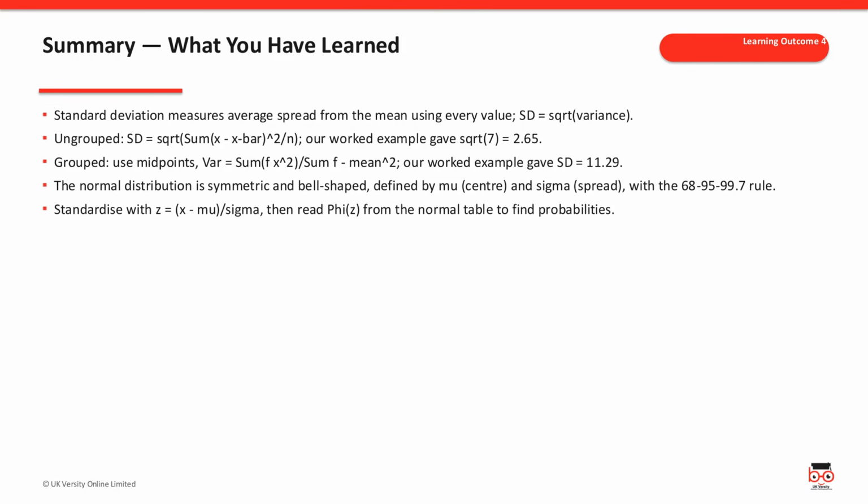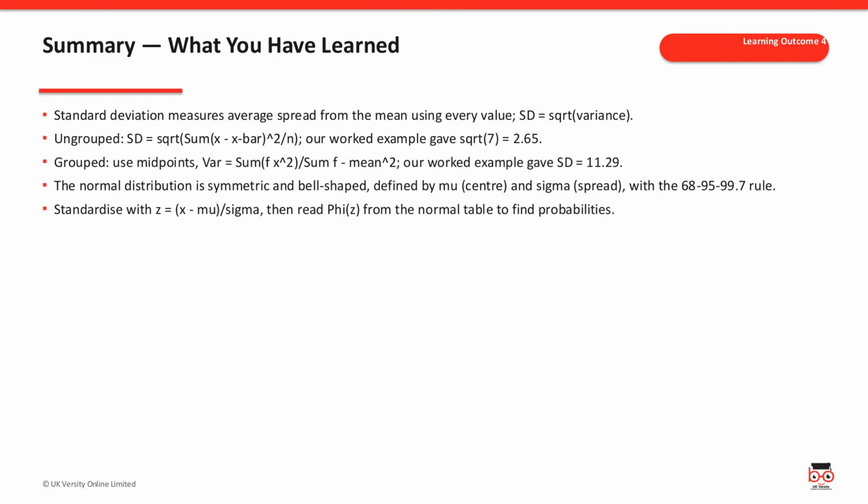The standard deviation measures the average spread from the mean using every value, and it's the square root of the variance. For ungrouped data, it's the square root of the sum of x minus x bar squared over n. And our worked example gave the square root of 7, about 2.65.